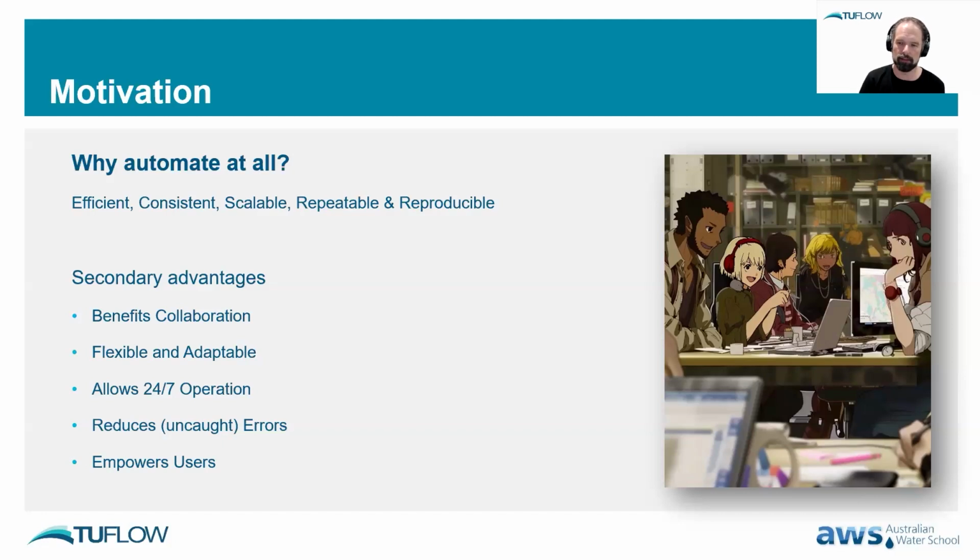And as a result, you tend to catch errors more early, and you catch errors you might otherwise not even catch until it might be too late. And finally, I feel automation empowers users because it takes away some of the drudgery, some of the heavy lifting, and allows users to focus on the parts of their job that are actually quite important.